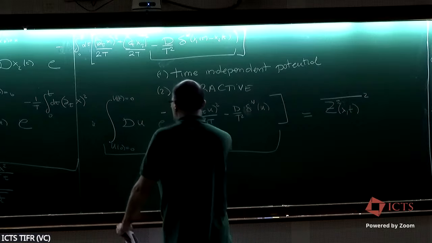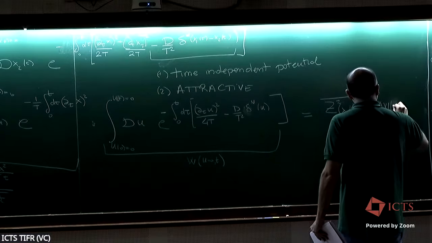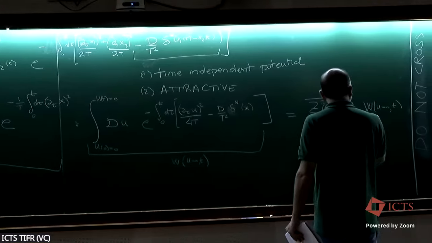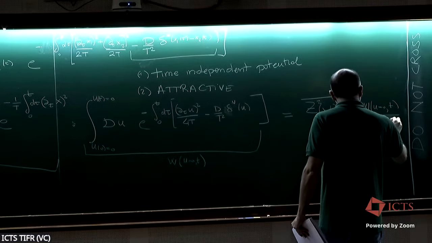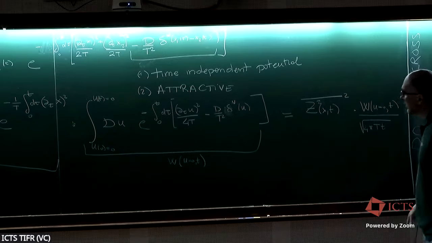So this is a new propagator. So times W u equal to 0 t. And then there is this division by, I think it is 4 pi dt, which is the free propagator for a particle.